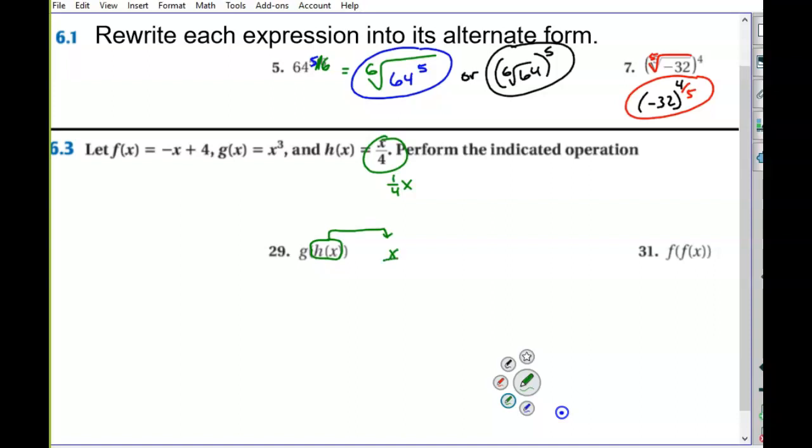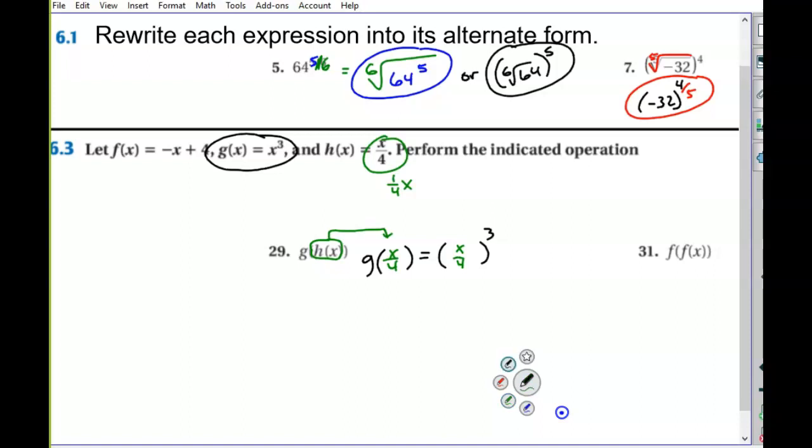I don't care how you write it, but that's going to replace h of x. So now I have to do g of the new input, x divided by 4. So I'm going to go back to g, which is x to the 3rd, and then we're going to replace the new input with x divided by 4.